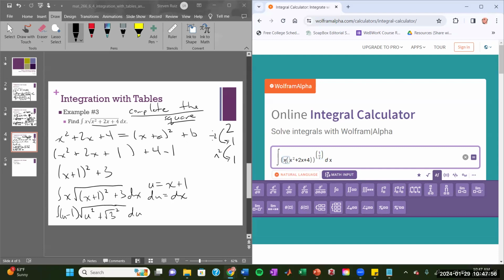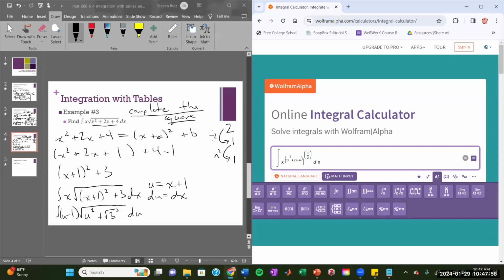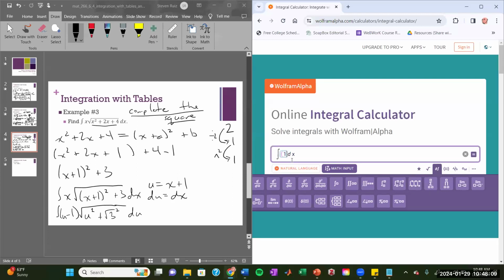Okay, I'll just cheat this way. Maybe it's not easier to do this. All right. Is there a square root thing on here?